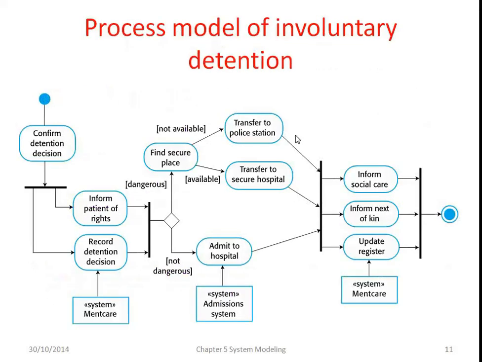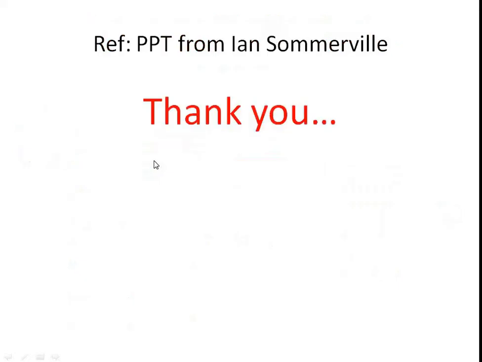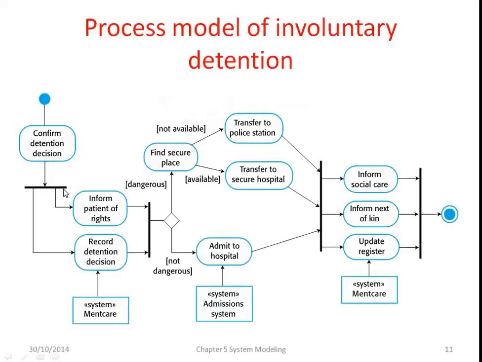Here one diagram is shown: the process model of involuntary detention. The input starts here and ends here. It confirms the detention decision, and it goes to inform patient of rights or record detention decision. Then it reaches the decision box, where the status is dangerous or not dangerous.